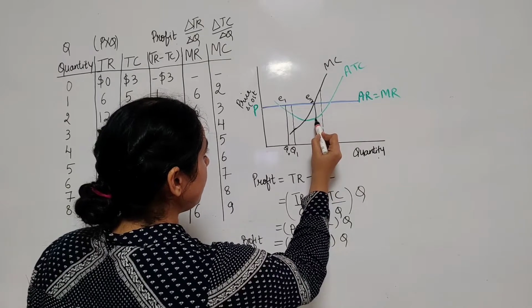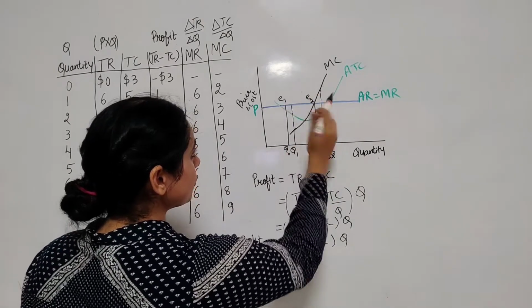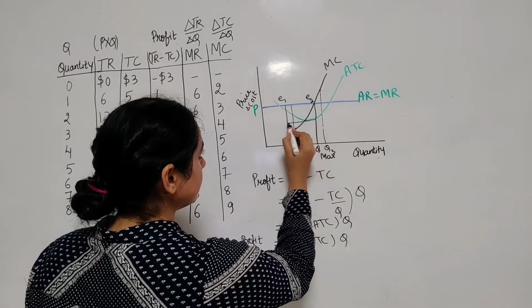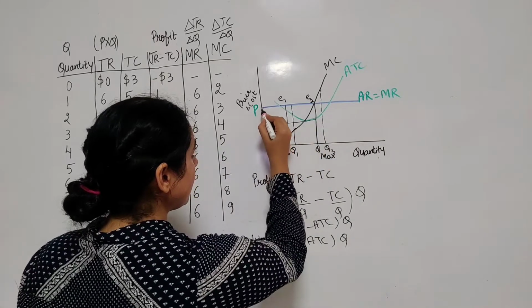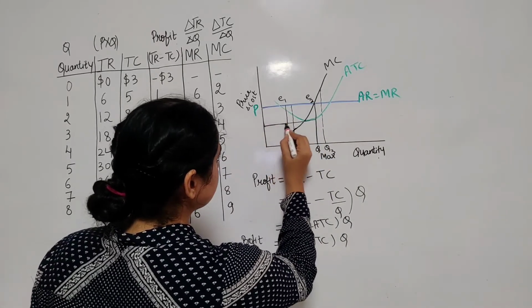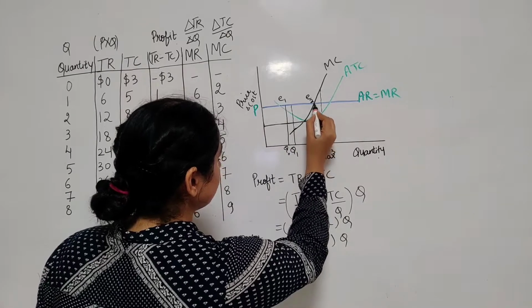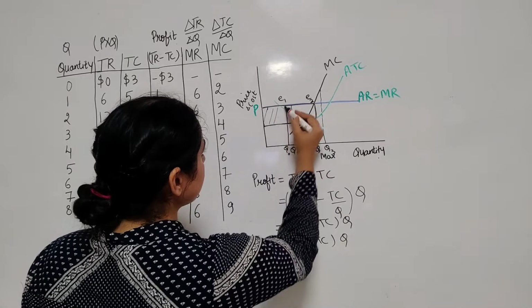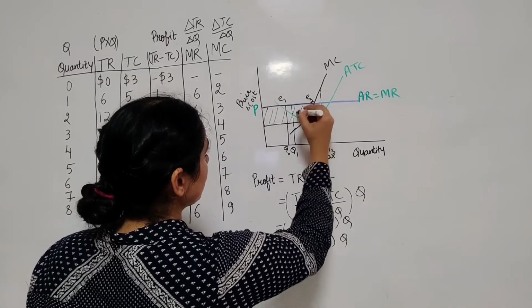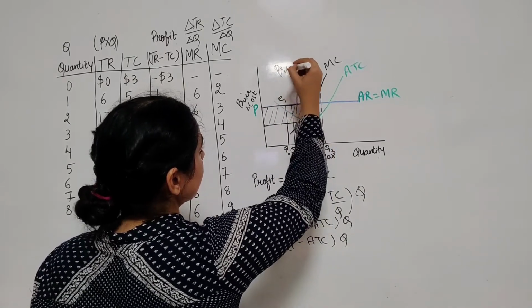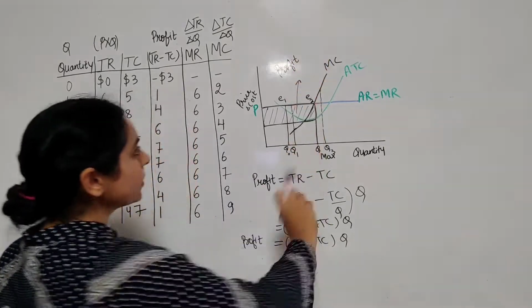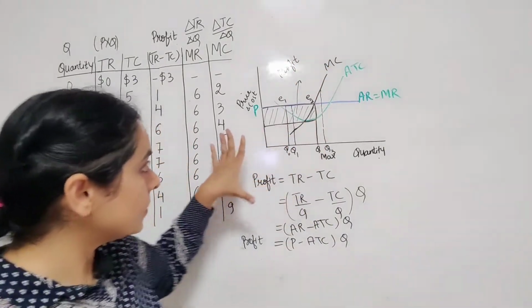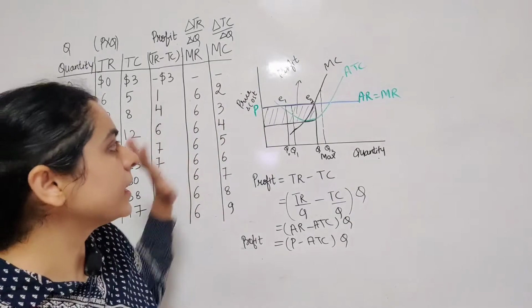Here, as you can see, this is the average total cost. And here we have this rectangle which represents the total profits earned by this firm. This portion represents profit, revenue minus cost. This rectangular area represents the profits earned by this firm.